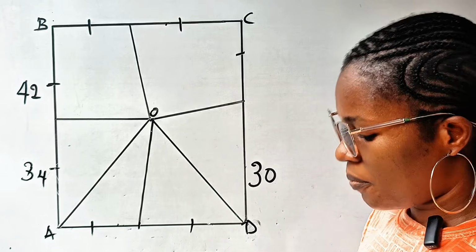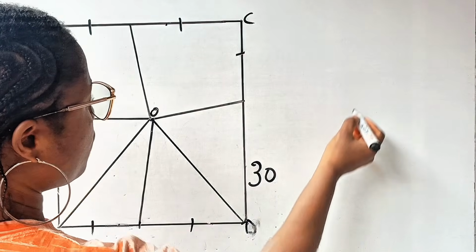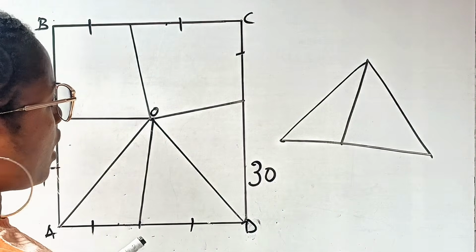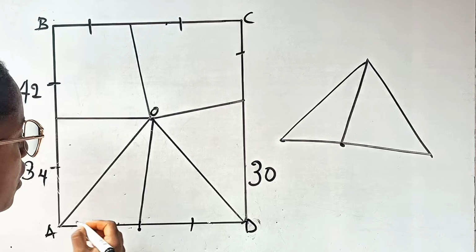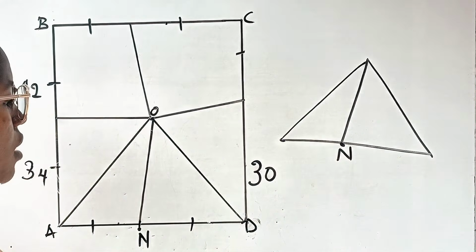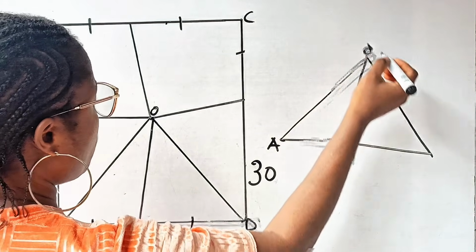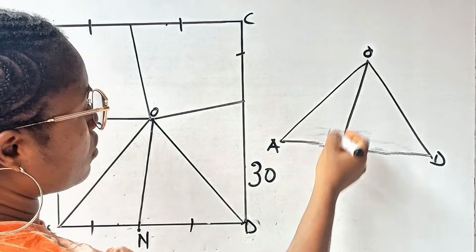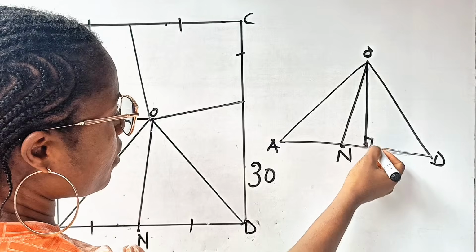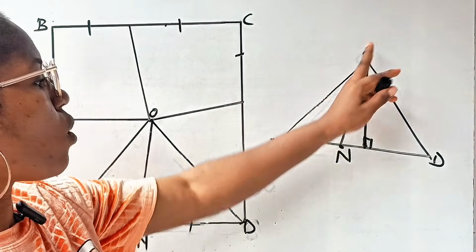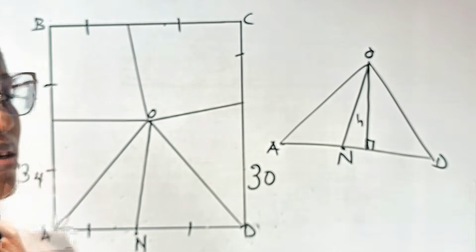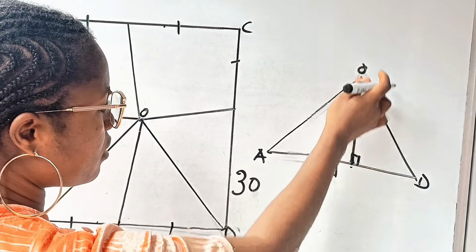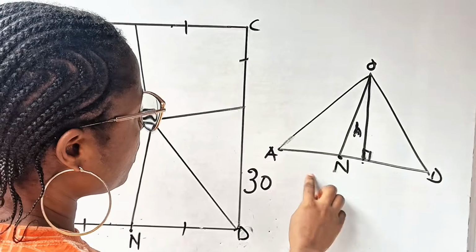Okay, now I want to explain something. When you have two triangles like this, let's call this N. So this is our N, and this is our A, this is O, and this is D. Now, if we decide to drop a perpendicular from here down, forming the height of this particular triangle OND, you will notice something: this height is also the height of this particular triangle OAN.